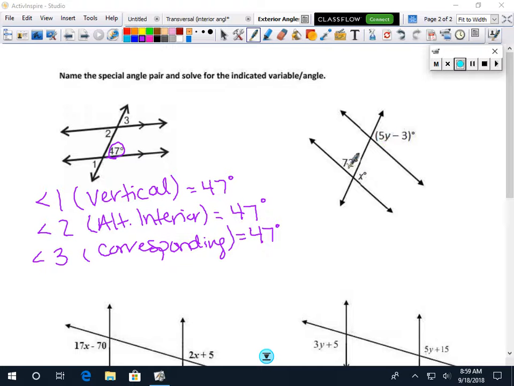There's no relationship directly with 72 and the part that has the y in it. So to solve for x, that is a linear pair with 72, so I would do 180 minus 72. And so x is equal to 108.